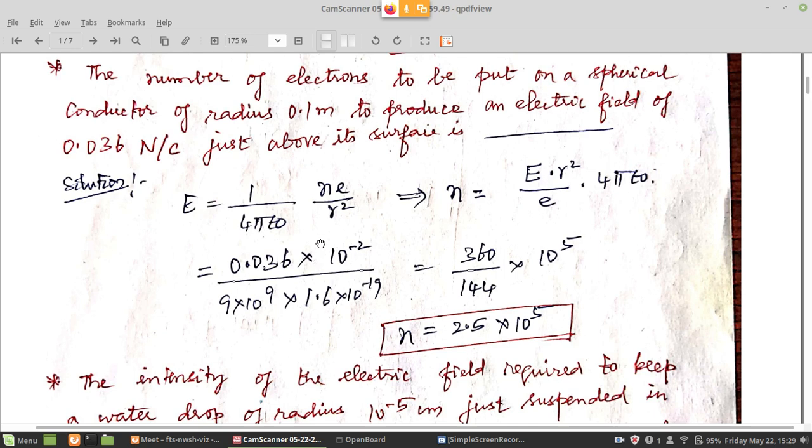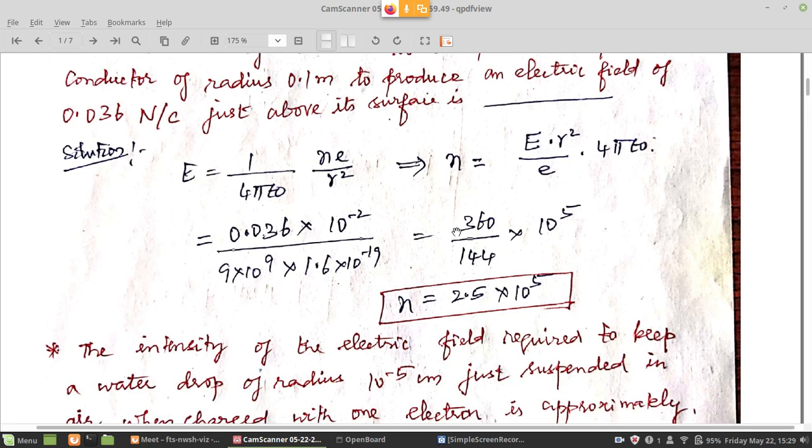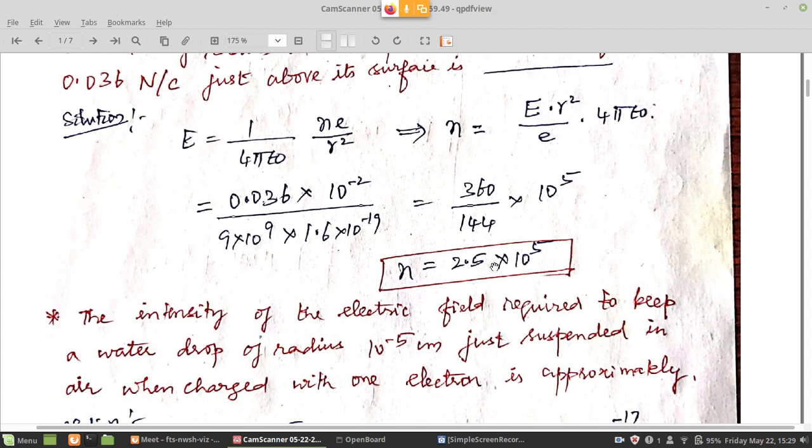And then multiplied by the charge e. Therefore we'll get 360 by, if you multiply this you will get 144. Of course powers are adjusted and finally you will get 10 power 5. So this N is equal to 2.5 into 10 power 5. That many electrons will constitute a charge equal to Ne, and therefore you will get the electric field of the given value.